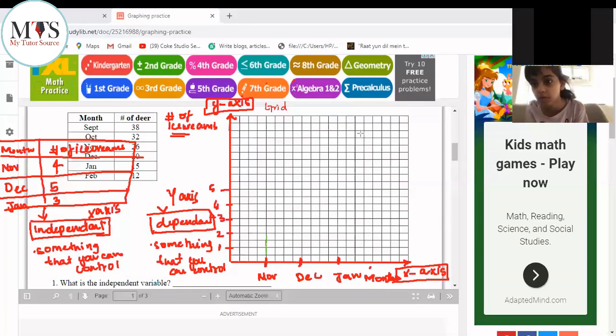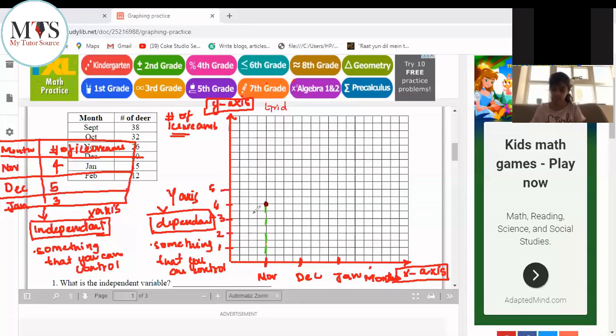They're small? Okay, let's make them big then. Can you see them now? Yes, now I can. So where you marked November, you're going to keep moving upwards until number 4. Yes, and there you can do a dot. Yes, very good. So you have a perfect dot over here.